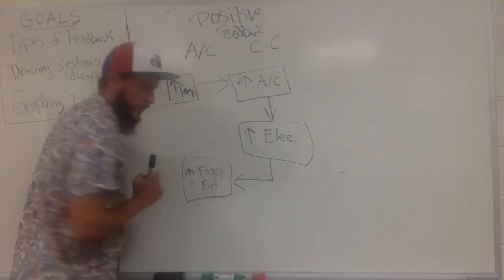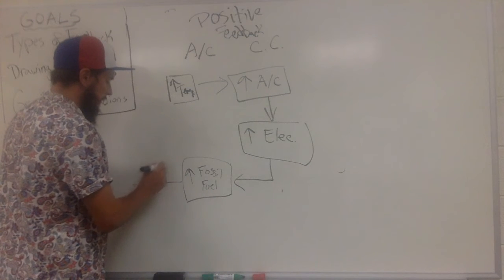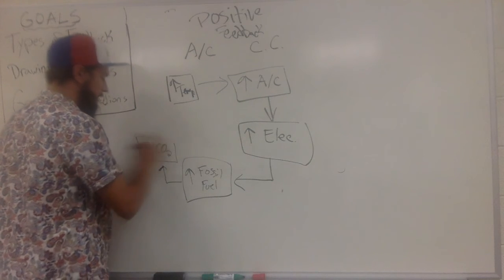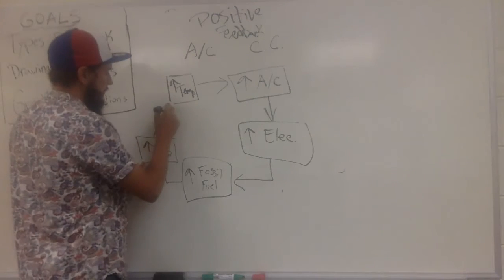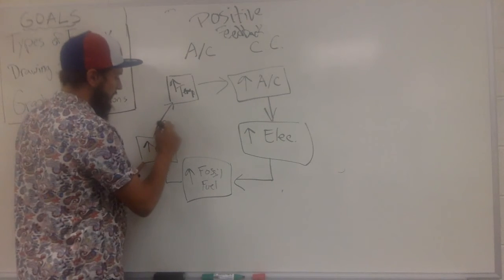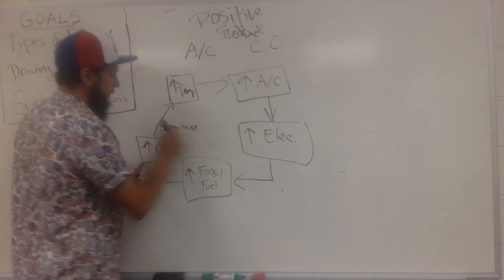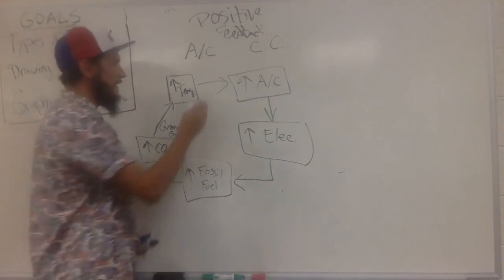And as you've heard probably since the day you were born, more fossil fuel burning creates more CO2. Everyone's favorite. And of course, because of the greenhouse effect, CO2 actually will increase the temperature since it's a greenhouse gas. And then as the temperature increases, you're going to want to turn up your AC, right?